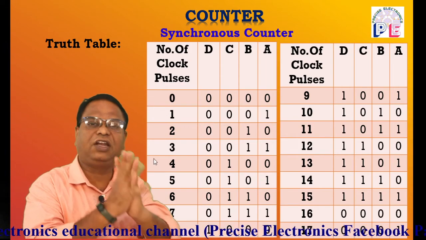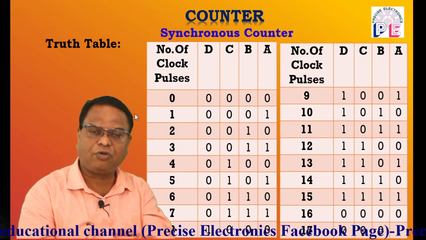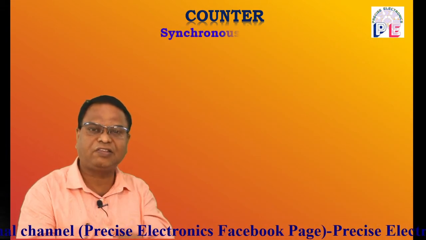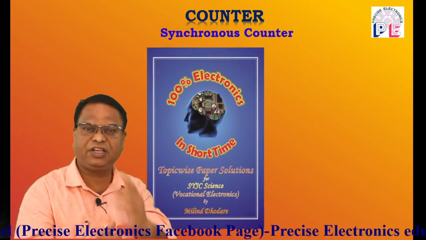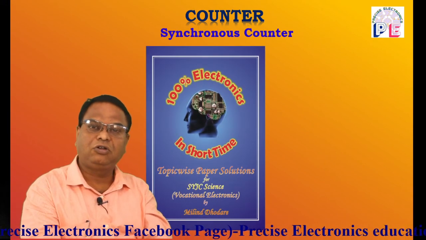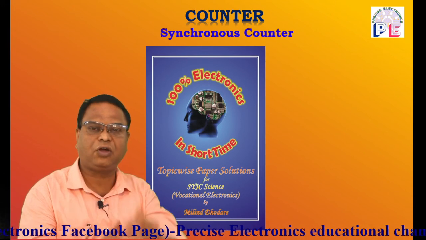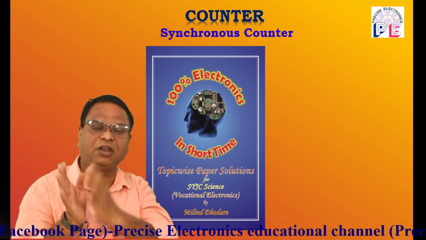So friends, that is the synchronous counter, which is known as the parallel counter, in which all flip-flops are clocked simultaneously, due to which the speed of operation increases, but the hardware required to assemble this counter is more than the asynchronous, that is the ripple counter.